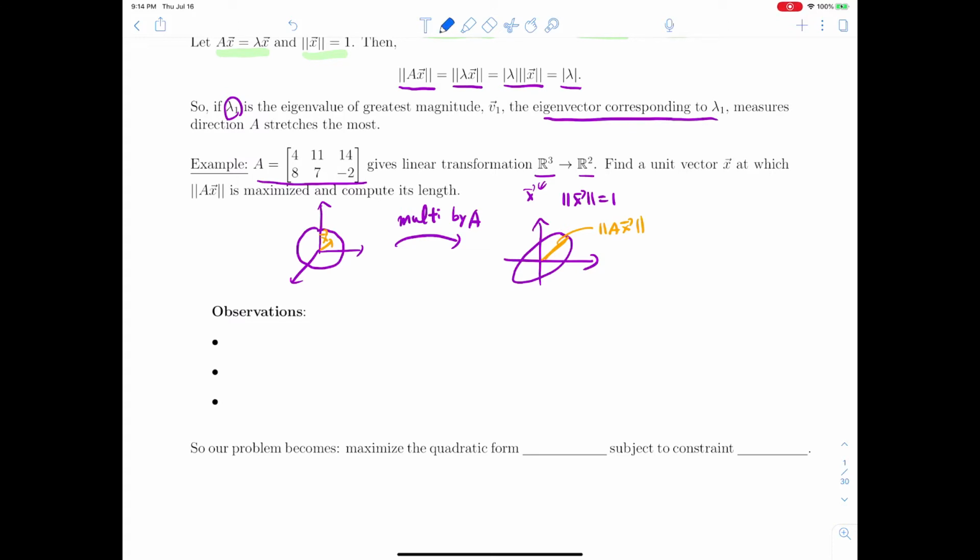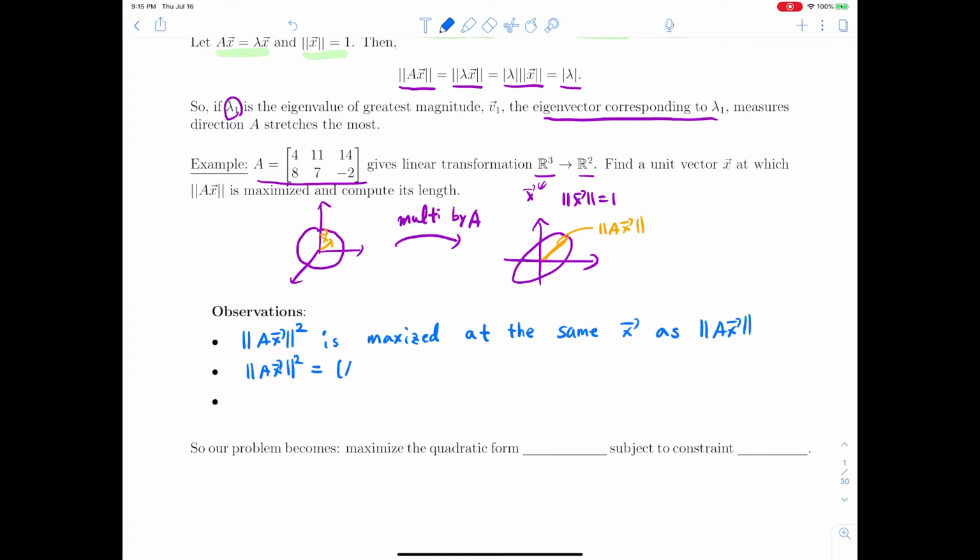There are several things that you can observe. If the magnitude of Ax is maximized, then that is equivalent to the square of this magnitude being maximized, at the same x as the magnitude of Ax. Also, we can calculate the magnitude squared of Ax by changing this to a dot product.